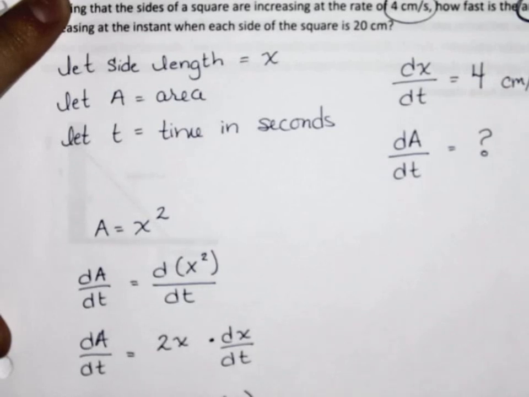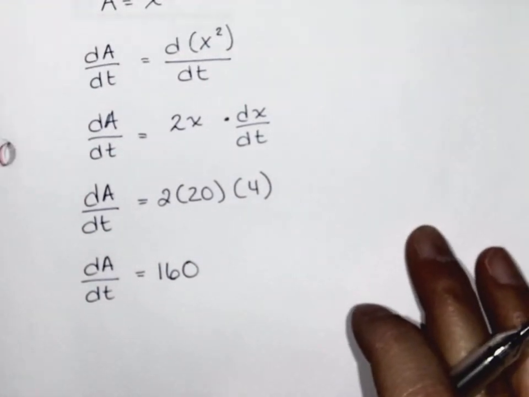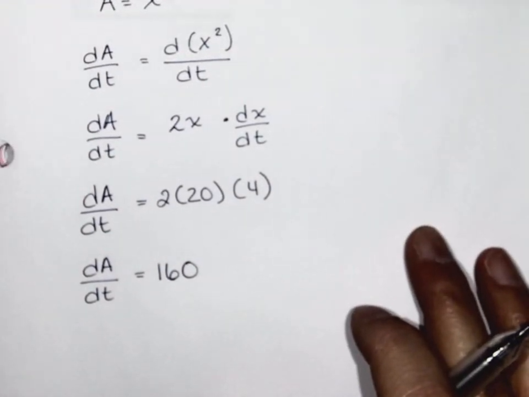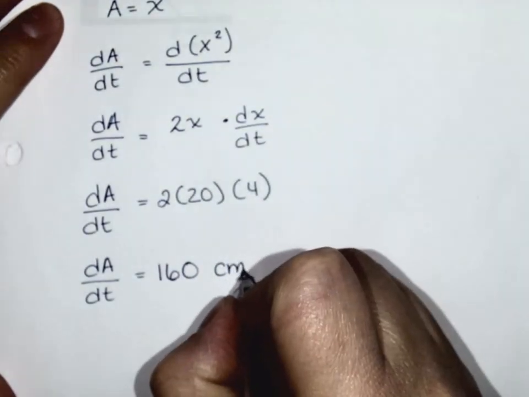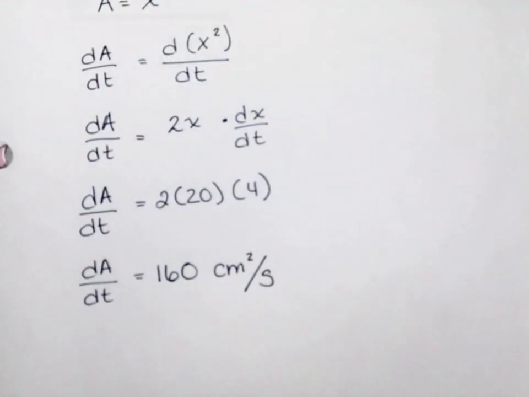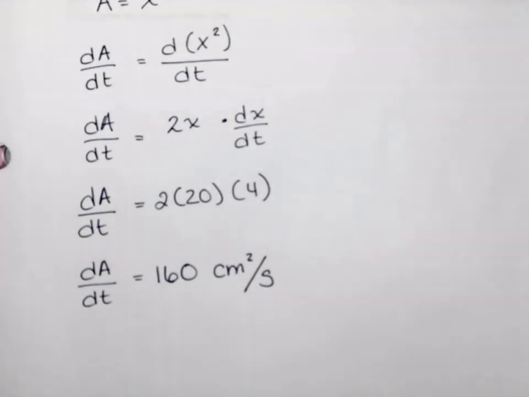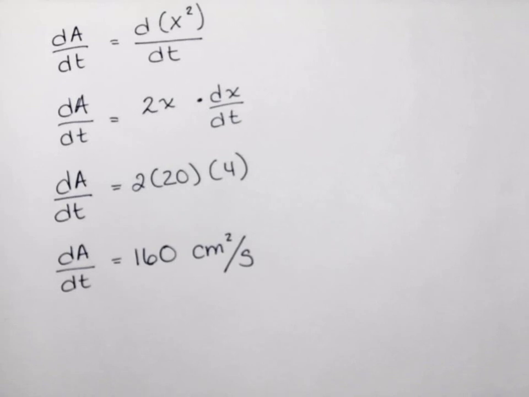So 2 times 20 times 4? Mm-hmm. So what are the units of measure on this? Centimeters squared per second. So we know that if the sides of the square are increasing by 4 centimeters per second, the area of the square will increase at 160 centimeters squared per second.